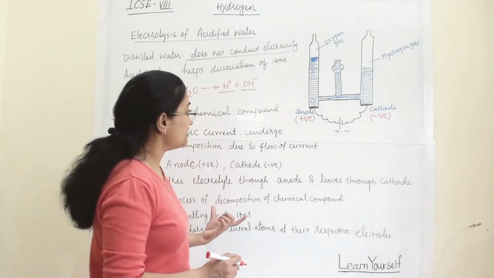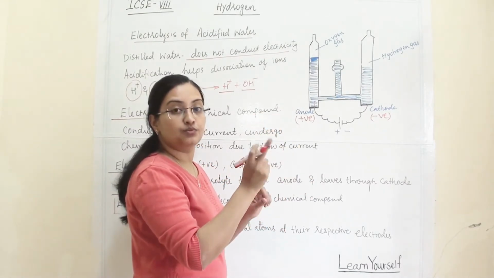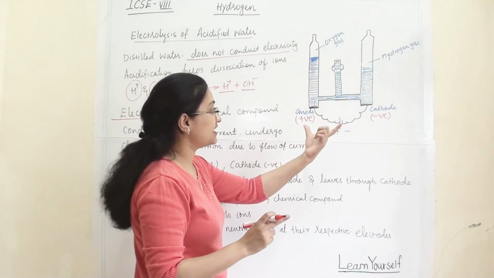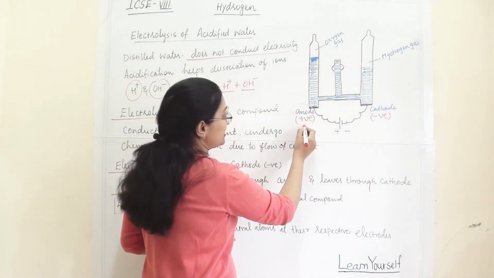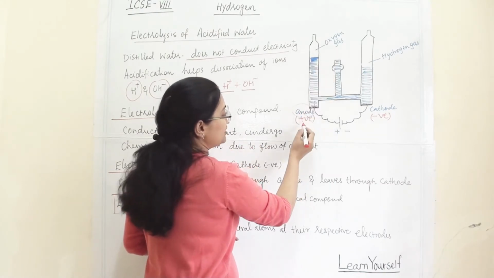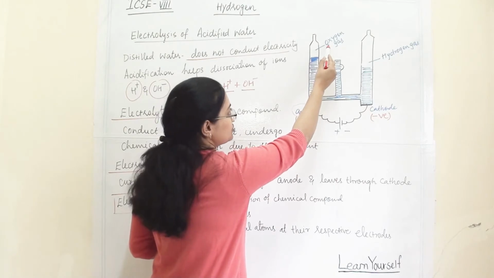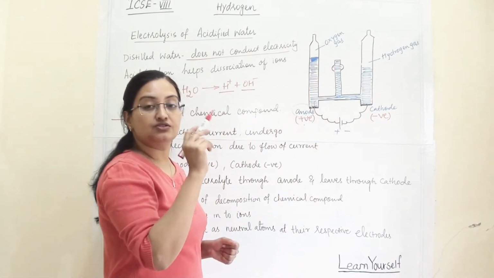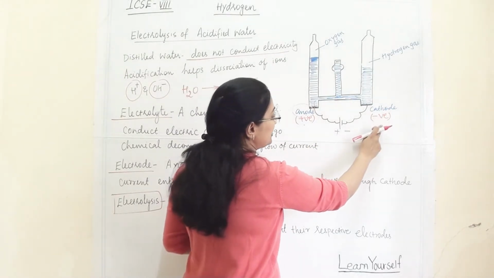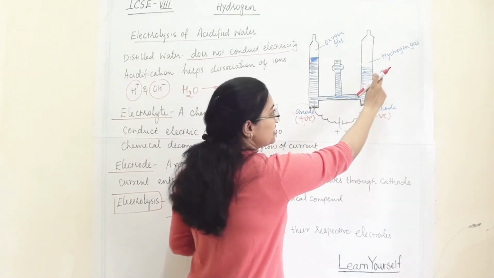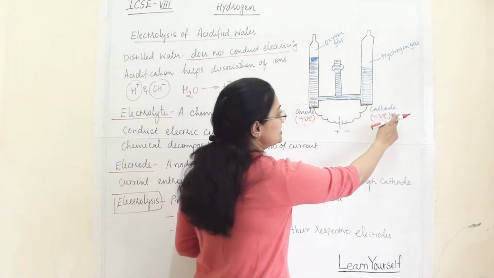Now when we get the hydrogen and oxygen at the anode and cathode, the anode being the positive electrode, the oxygen will be attracted towards the anode. So at the anode electrode we are collecting oxygen, because oxygen is a negative element, whereas the cathode is the negative electrode and hydrogen is a positive element, and it will be attracted towards the cathode electrode.